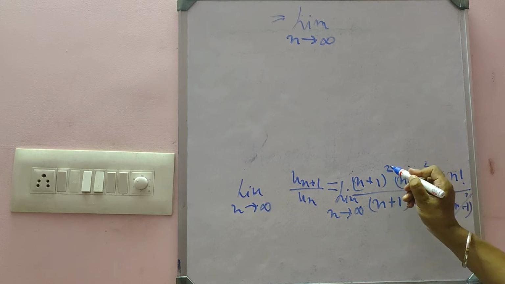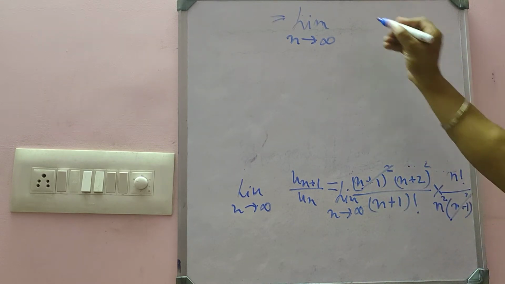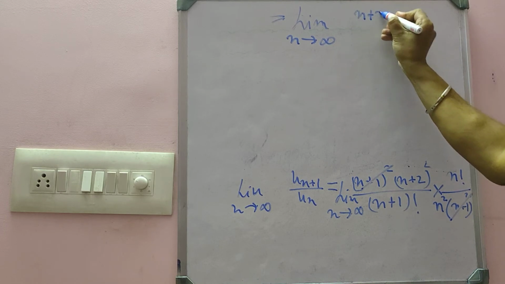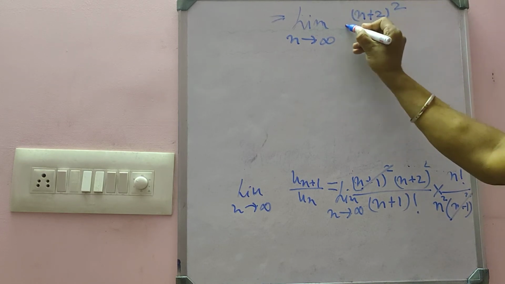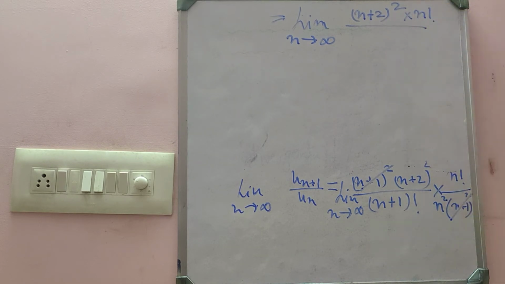This part will be cancelled out. Here we have n plus 2 square, so we put it as it is, n plus 2 square, divided by, and here is n factorial. In the denominator part, n plus 1 factorial.